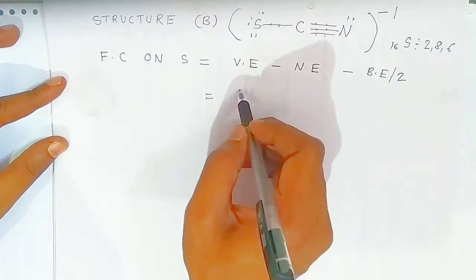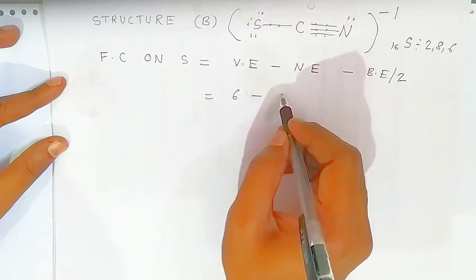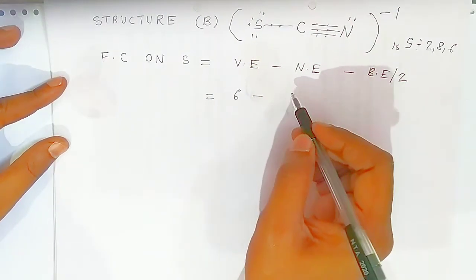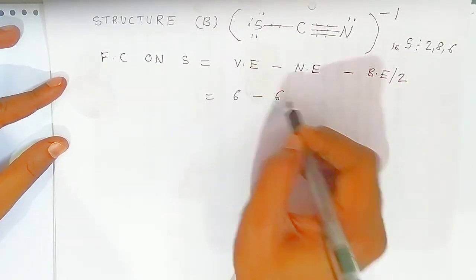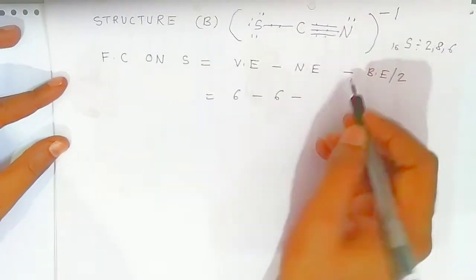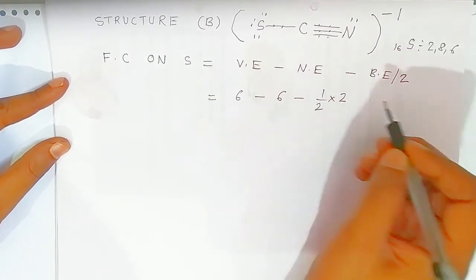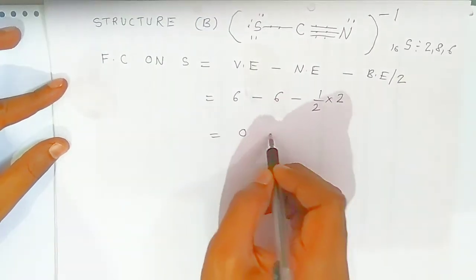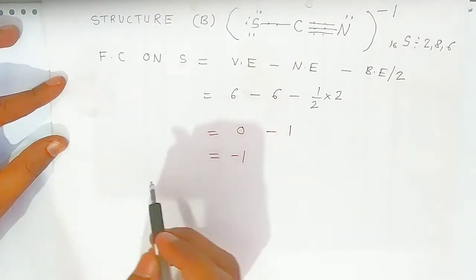So 6 will be the valence electrons. Non-bonding electrons you can see, students, are 6. Non-bonding 6, minus half of the bonding electrons, only 2 electrons are involved, that is 1. So 6 minus 6 minus 1, that is -1 charge on this atom.